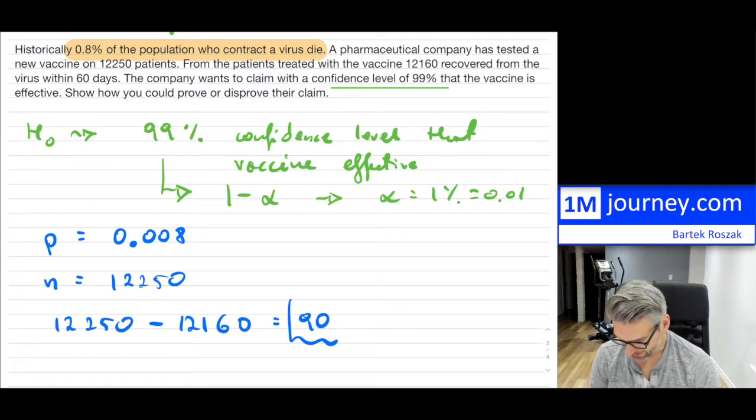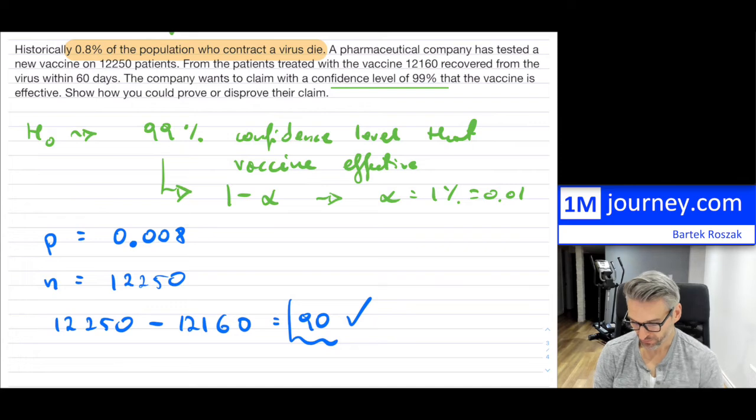I think I did the math correctly there. All right, so about 90 of them. Let's see what happens.